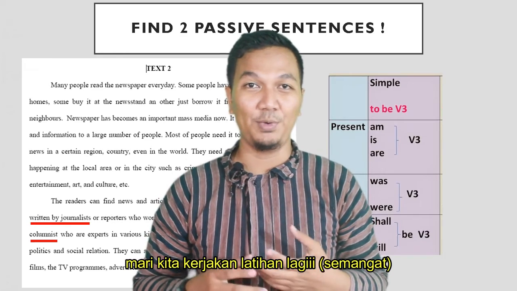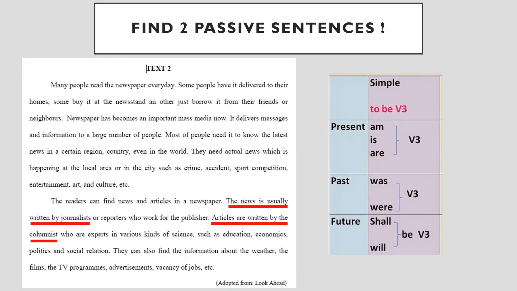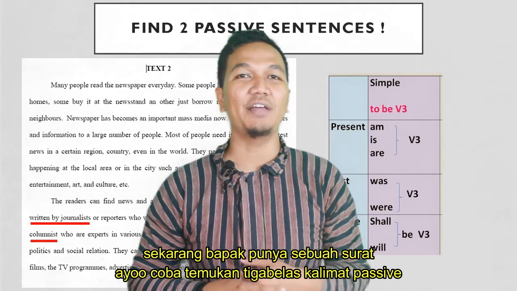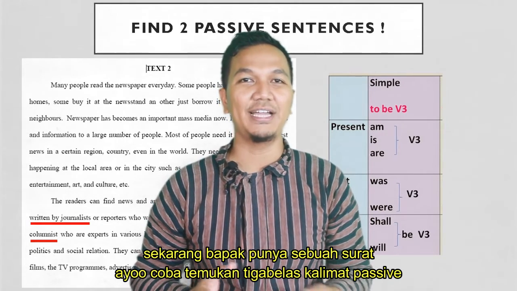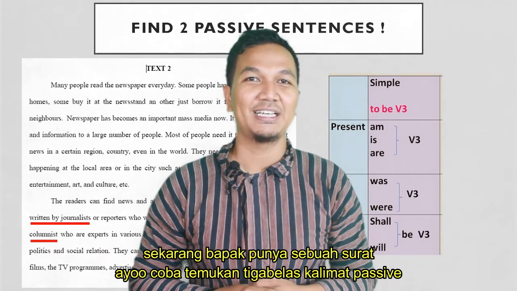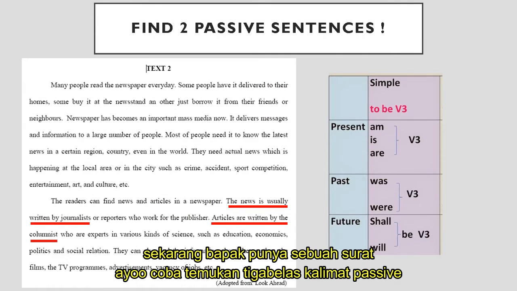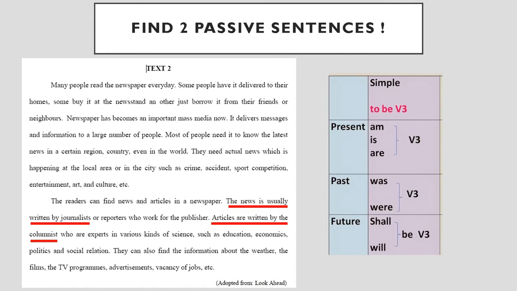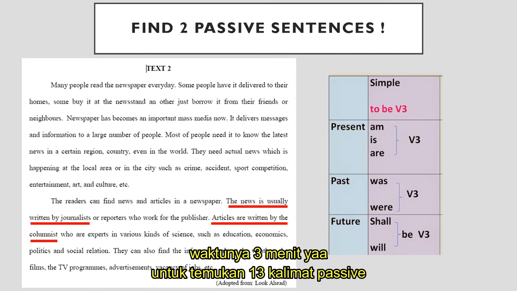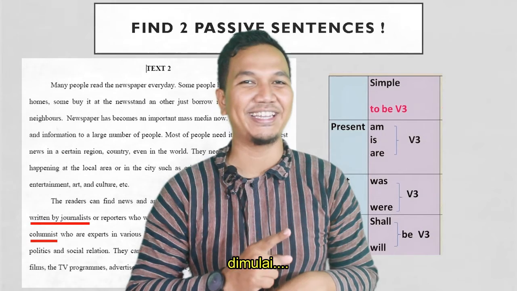Let's have more exercises. Now I have a text. Can you find 13 passive sentences in this text? I'll give you 3 minutes to find 13 passive sentences. Let's begin.